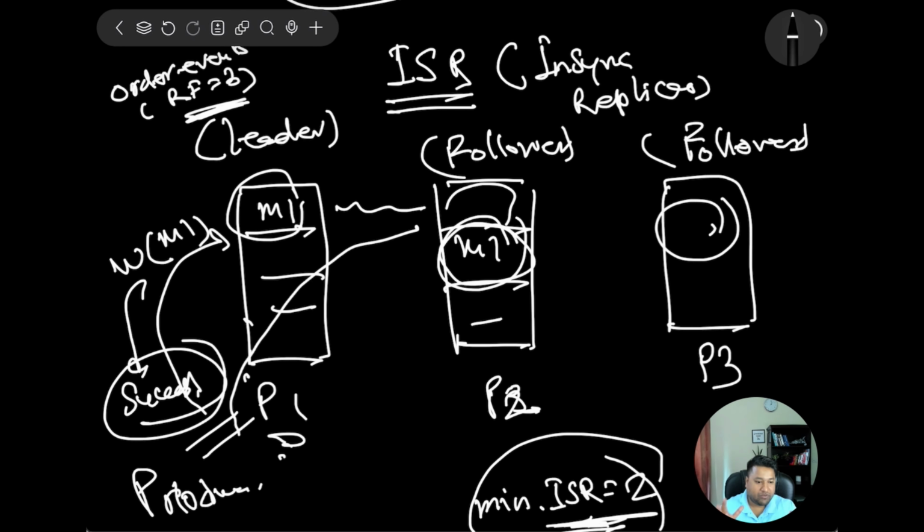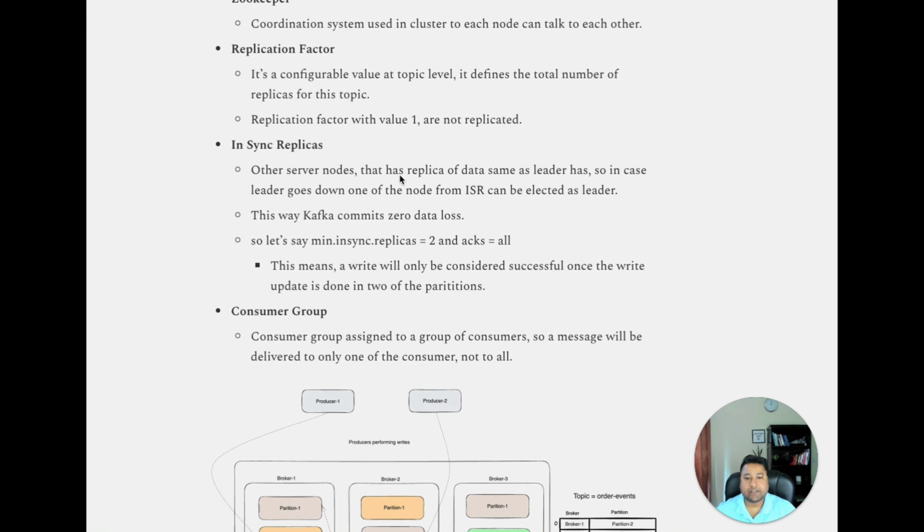Both nodes will acknowledge that the write was successful on both sides, and then the write operation is considered successful. Later, as part of passive replication, the same M1 will also get replicated to partition 3, because the replication factor is 3. So that's the concept of replication factor and in-sync replicas.